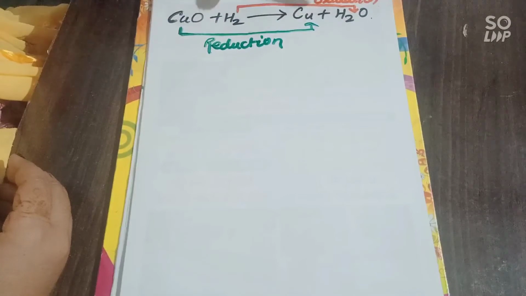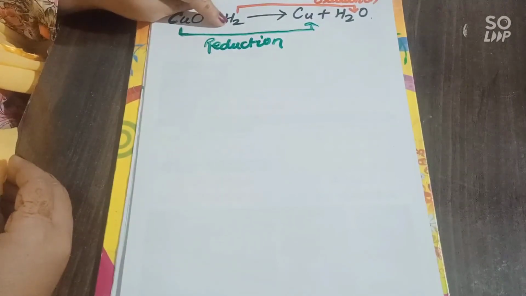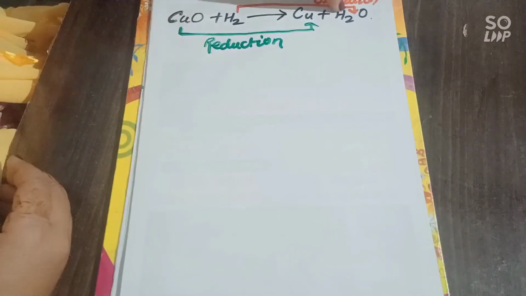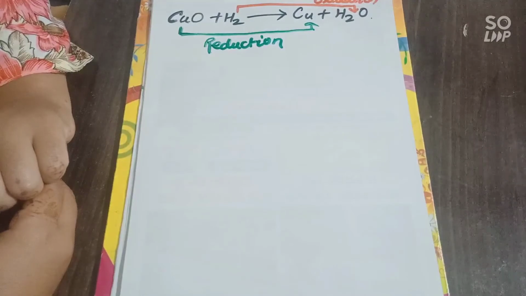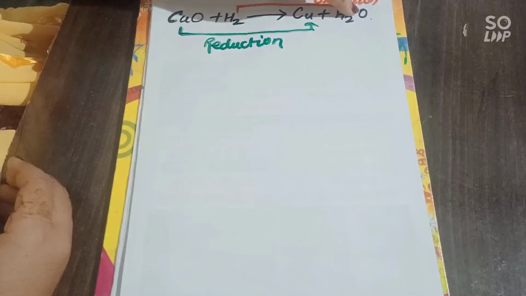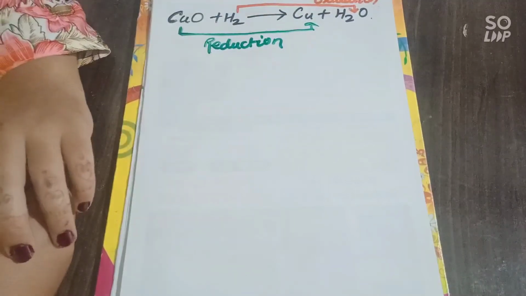How is oxidation being performed here? Hydrogen is donating its electron to oxygen to form water molecule. So hydrogen is losing electron, and to whom is it losing? It is losing electrons to oxygen.